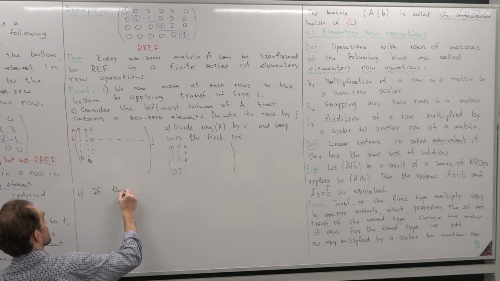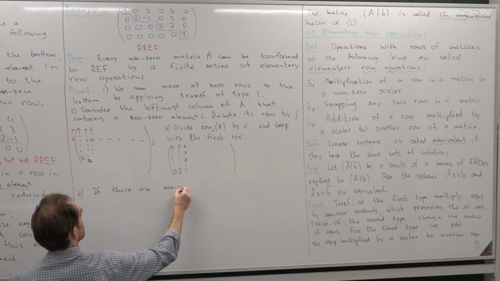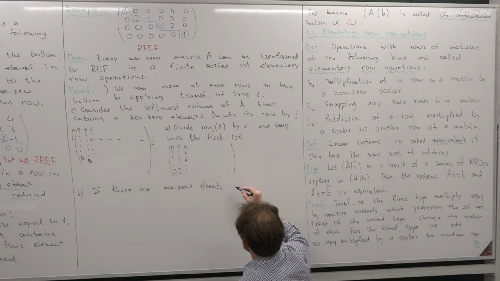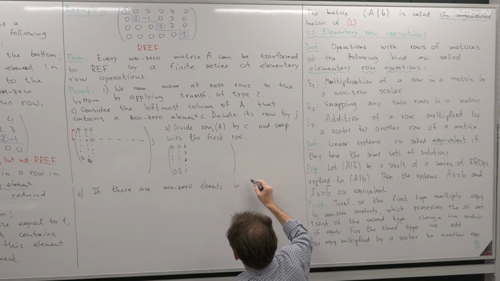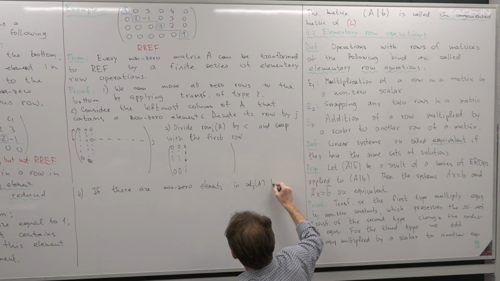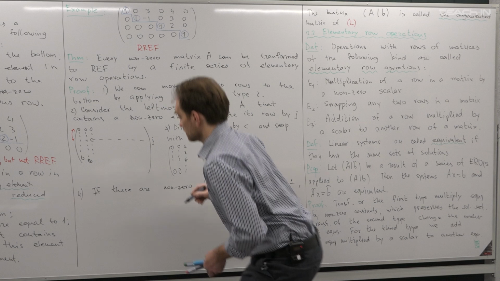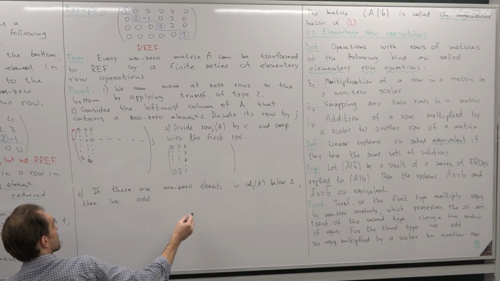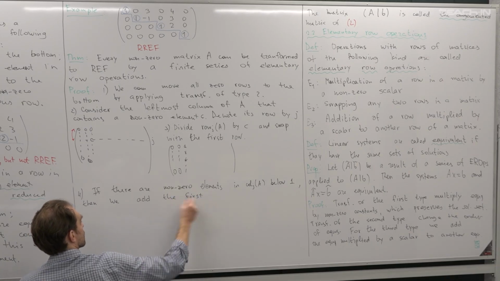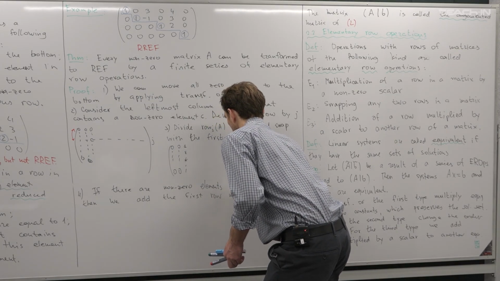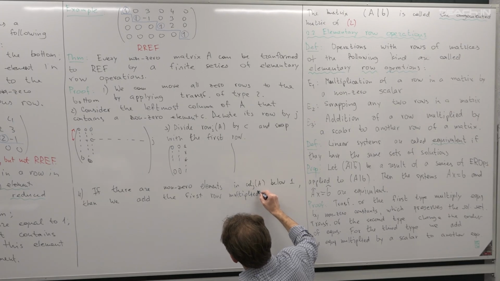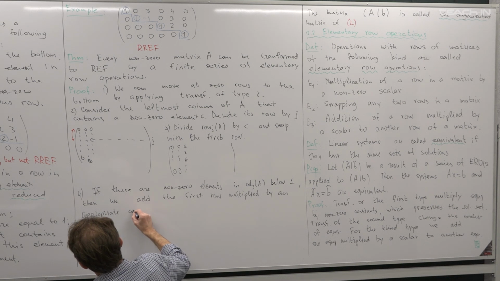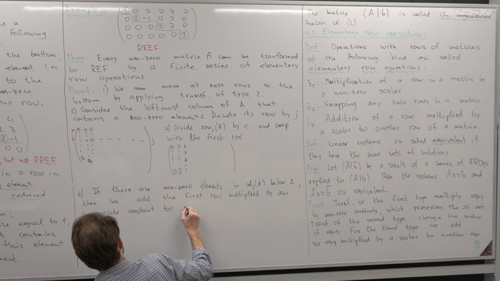If there are non-zero elements in the jth column of A below 1, then we add the first row multiplied by an appropriate constant to all these rows.